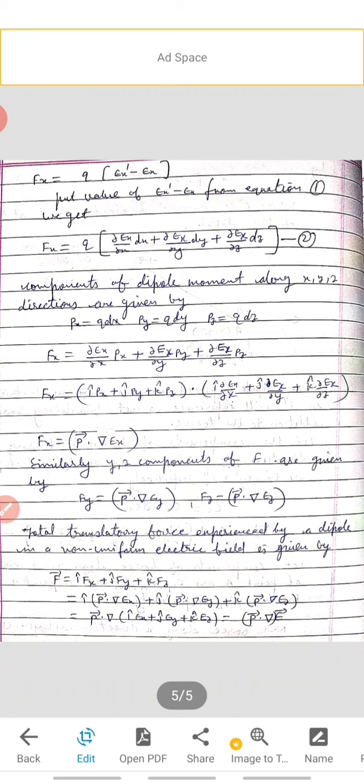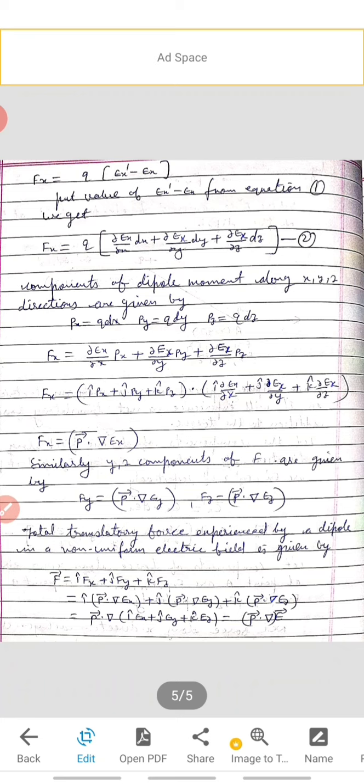And now if we put the value of Q into dx, Q into dy, Q into dz in equation 2, then we get Fx is equals to Px into del Ex by del x plus Py into del Ex by del y plus Pz into del Ex by del z.